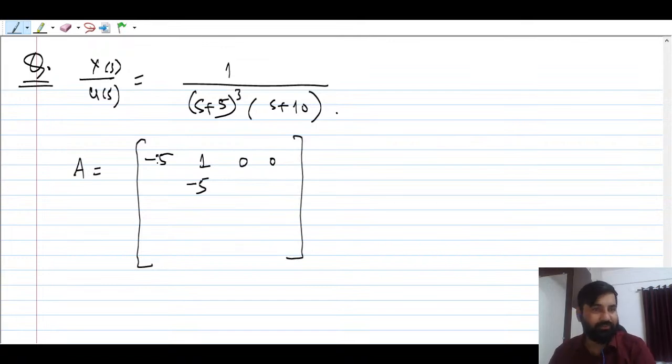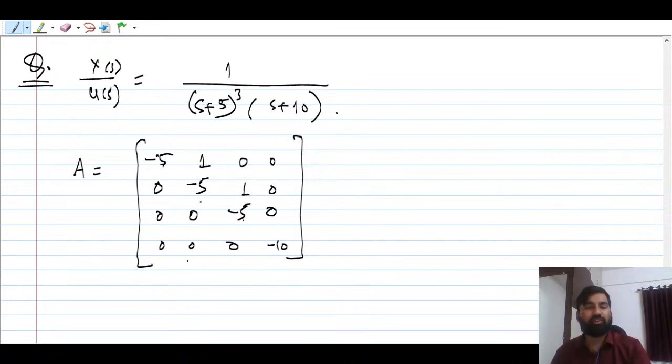So start with -5, then put it in the diagonal. Now here -5, so this should be 1. Above the diagonal there should always be 1. Now this is -5, this is -5, this is -5, and now this should be -10. So please remember, don't put 1 here now. So this will be 0, and the rest 0.